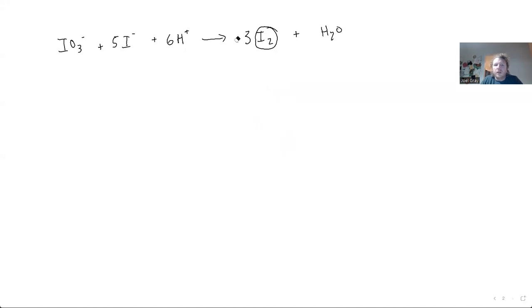When we generate this I2, it's going to do an oxidation reduction reaction with vitamin C, and it is going to produce something known as dehydroascorbic acid.